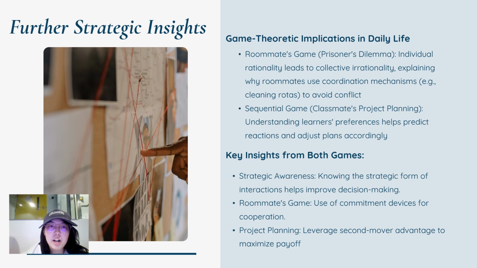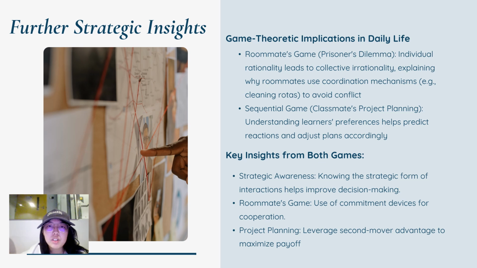This explains why we implement coordination mechanisms like a cleaning schedule to maintain cooperation. Second, our project planning experience revealed key lessons about sequential games. By analyzing our classmates' preferences, we could better anticipate their responses and adjust our strategy accordingly.